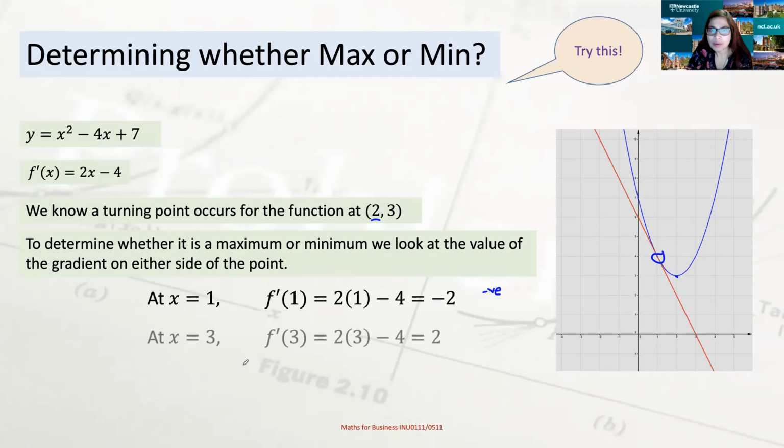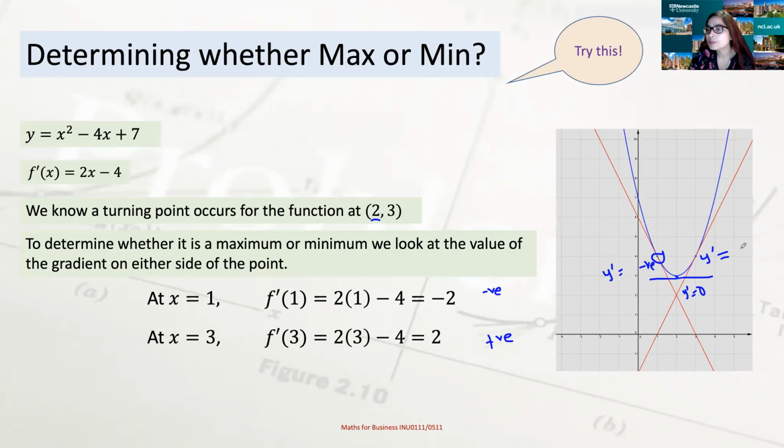Then take a point on the other side, and you can see that the gradient is positive. So the gradient is negative, the gradient is 0, and then the gradient is positive.